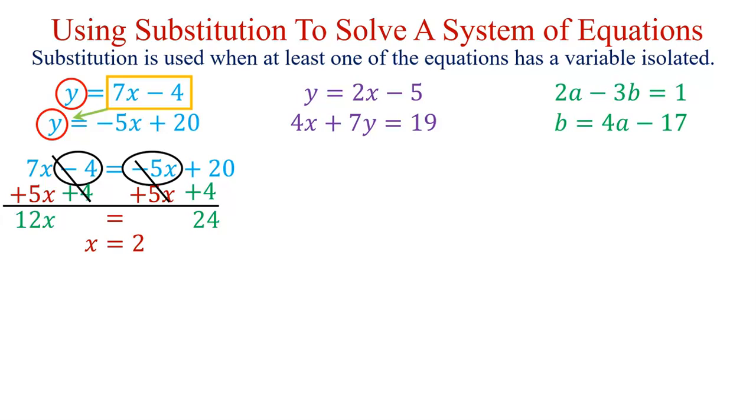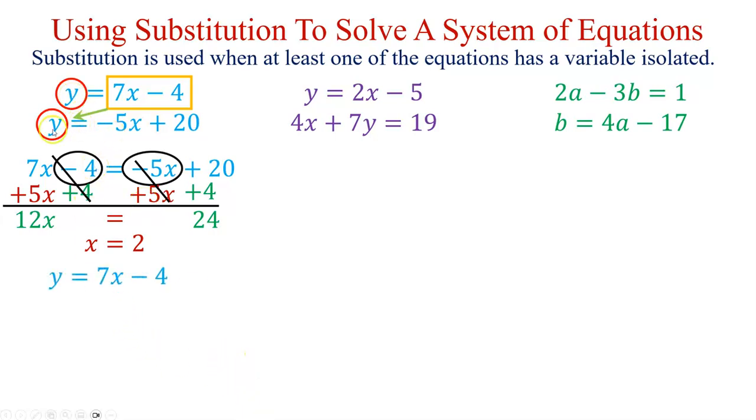As a reminder, when solving a system of equations, you're essentially trying to find a point where two lines intersect. So to find that point, we need both the x coordinate and the y coordinate. My recommendation is this: if you use the second equation, in this case, to find one variable, we'll use the other equation to find the other missing variable.